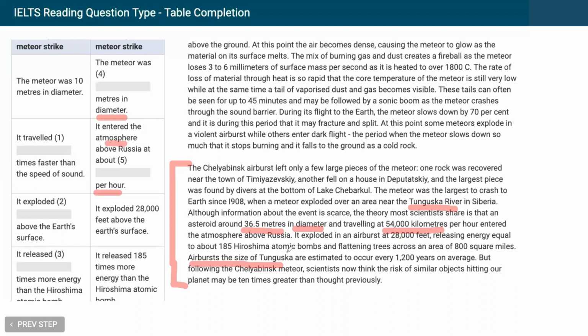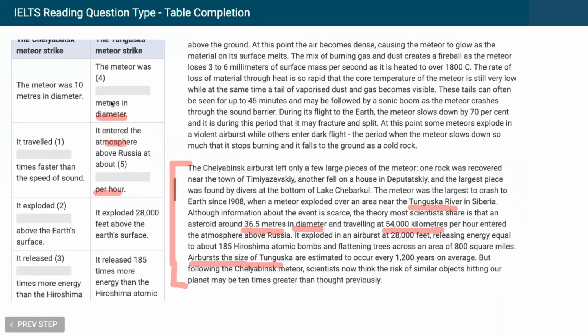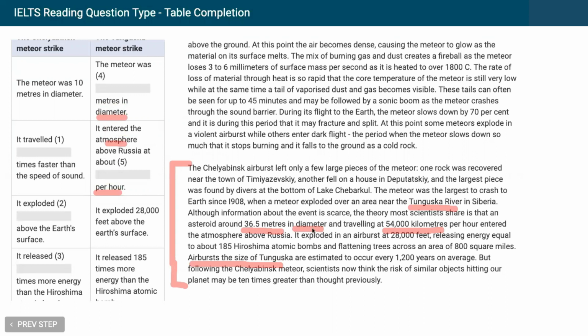All right, so the fact that we are under Tunguska in this column here is an excellent clue that the diameter under Tunguska in the passage is 36.5, and that is our answer for number 4, 36.5 meters in diameter. Be sure not to write 36.5 meters, since meters is included here, so don't make that mistake.